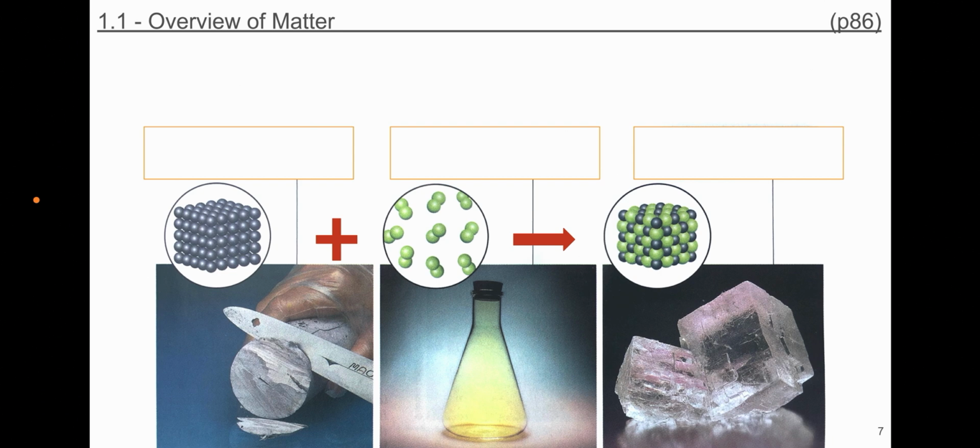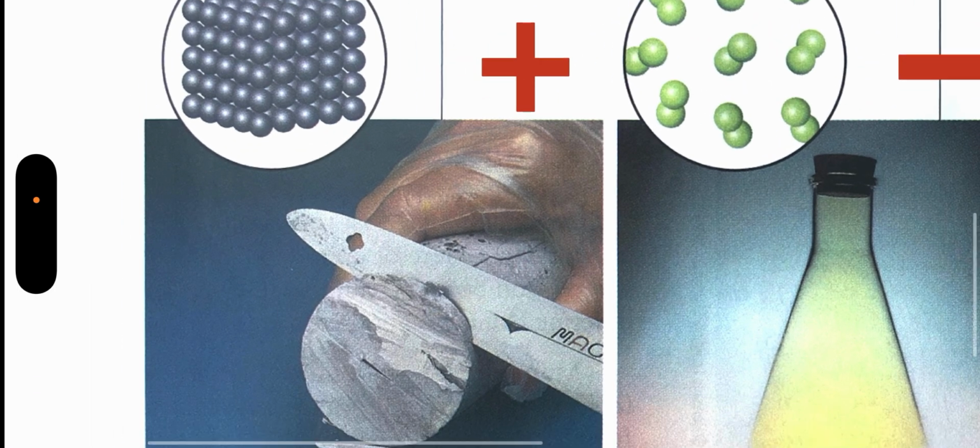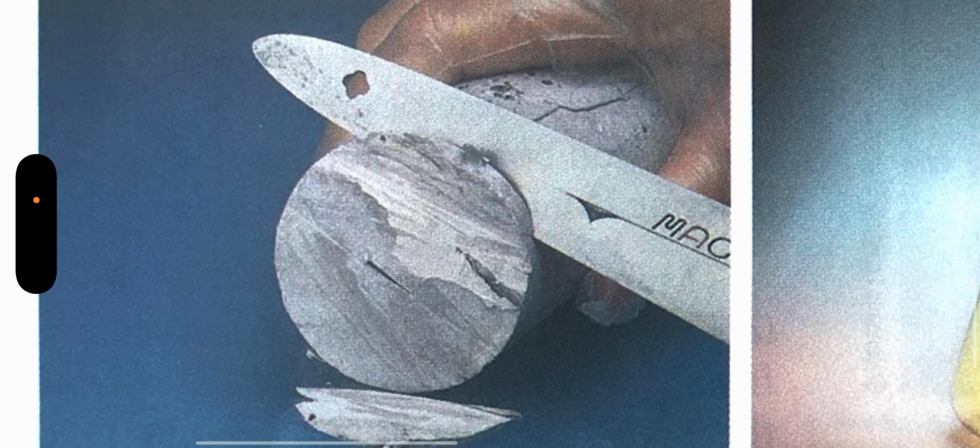So let's talk a little bit about this idea. The properties of a compound are usually very different from the properties of the elements within it. So we have three substances pictured here. We have an actual picture down below, and then we have a little atomic model in a bubble above it. Here we have something that looks like it's in its solid state.